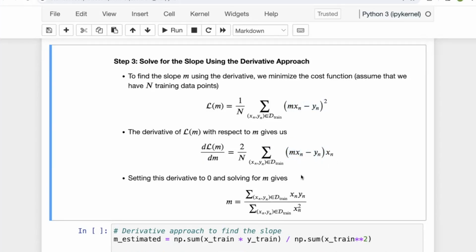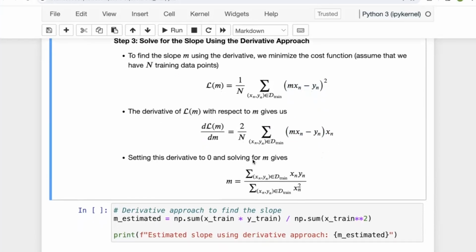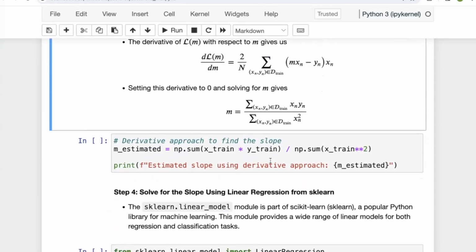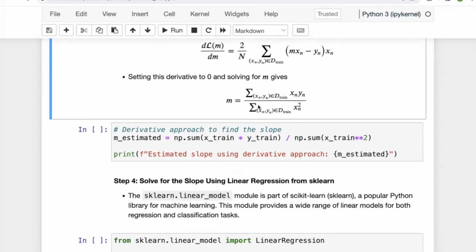Once you find this derivative, we set this equal to 0 and solve for m, which gives us this somewhat familiar equation because we have used this before: the sum of the products of xn and yn. Each xn and each yn is one data point that we have, one input-output pair.